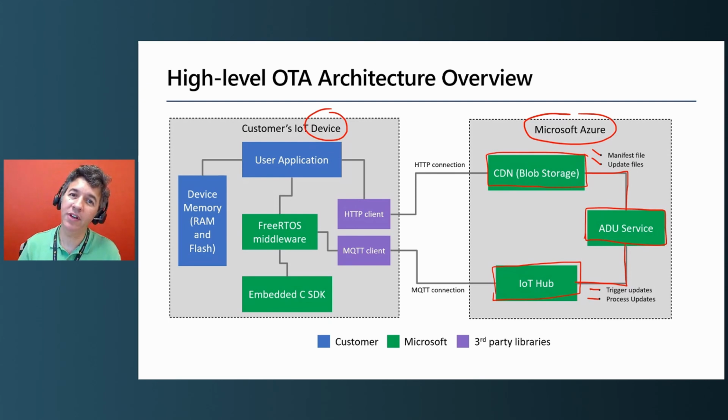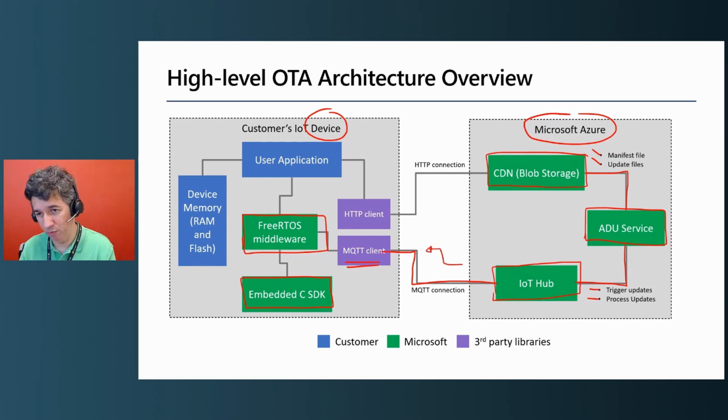Now, on the device side, we have a combination of the FreeRTOS middleware and the embedded CSDK, both components provided by Microsoft. When this device is connected via MQTT using an MQTT client, it will get notified by the ADU service via IoT Hub that you're running version 1.0, and the service will say, hey, you need to update to version 1.1.